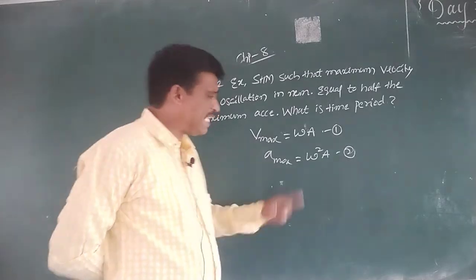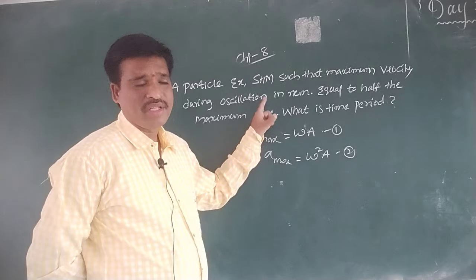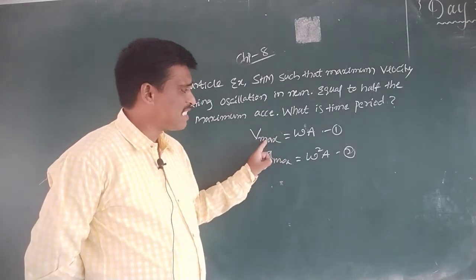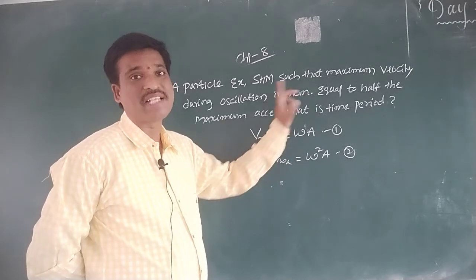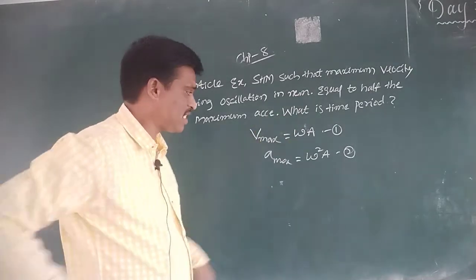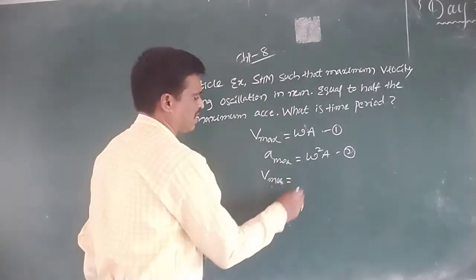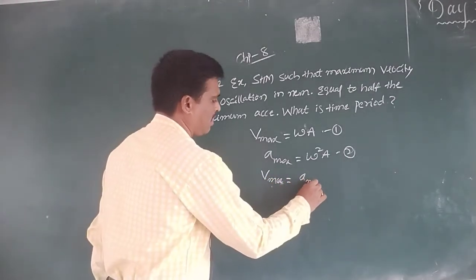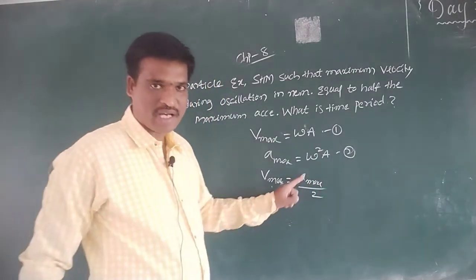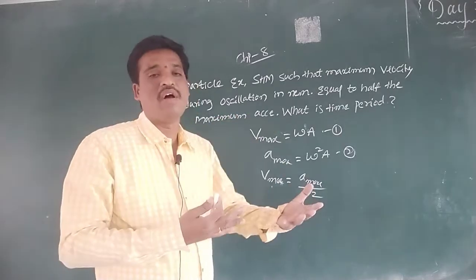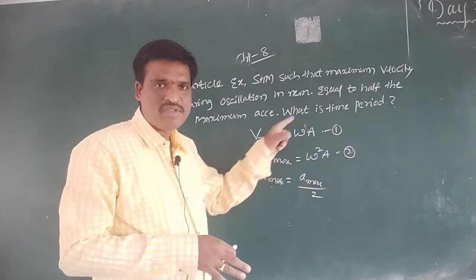These are two formulas, which you already know. Next, observe the given problem once. The maximum velocity is equal to half of its acceleration. V maximum is equal to a maximum by 2. Any doubt?